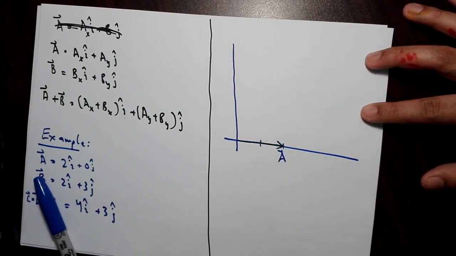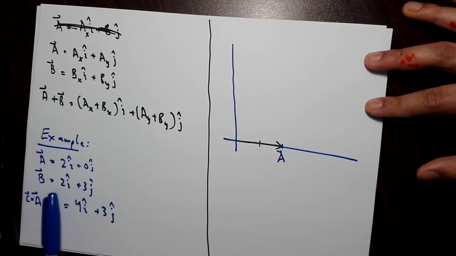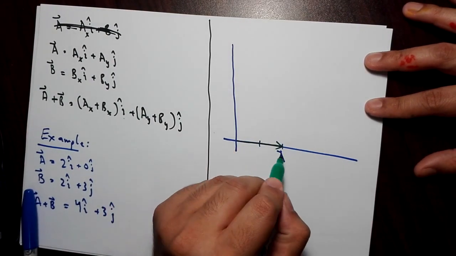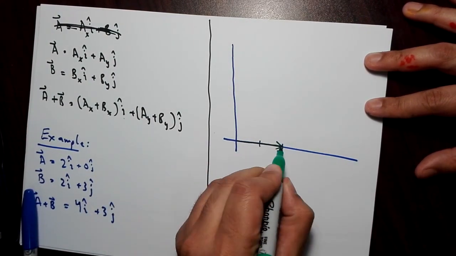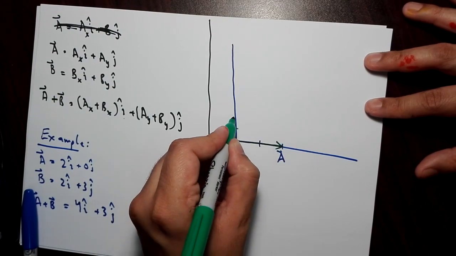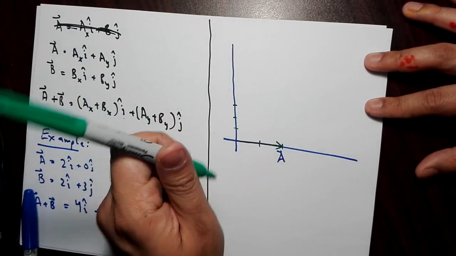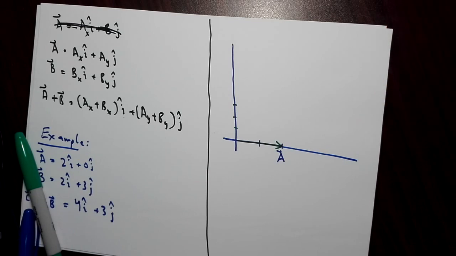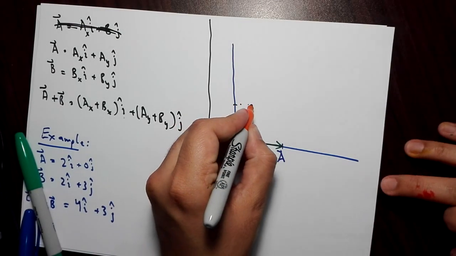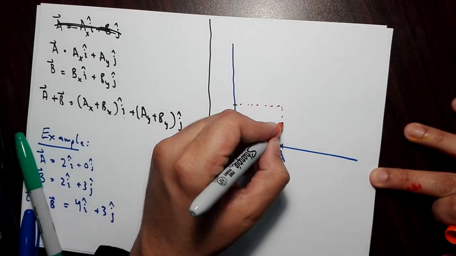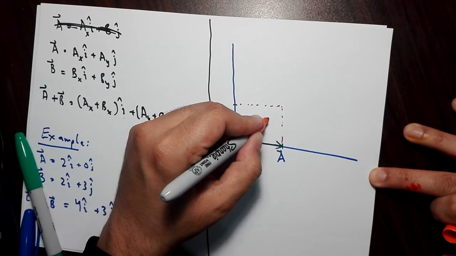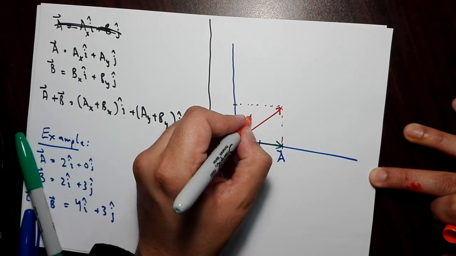This is your A, and your B is 2 in the x, so 1, 2 in the x, and 3 in the j, so 1, 2, 3. So this is the tip of your B, so there you go. So that's your B.